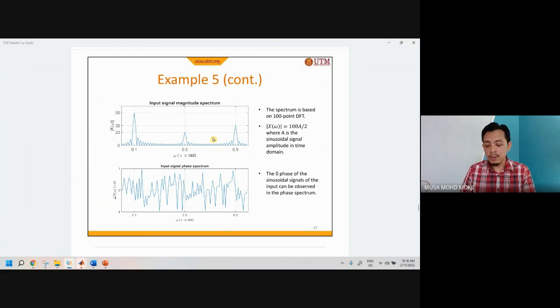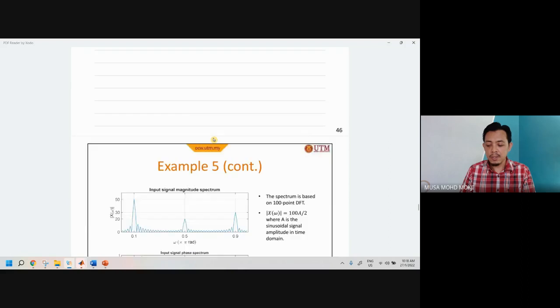Now we are looking at the spectrum of the input signal. Why do we need to do spectral analysis on the input signal? Because we want to identify the unwanted signal and what our desired frequencies are.